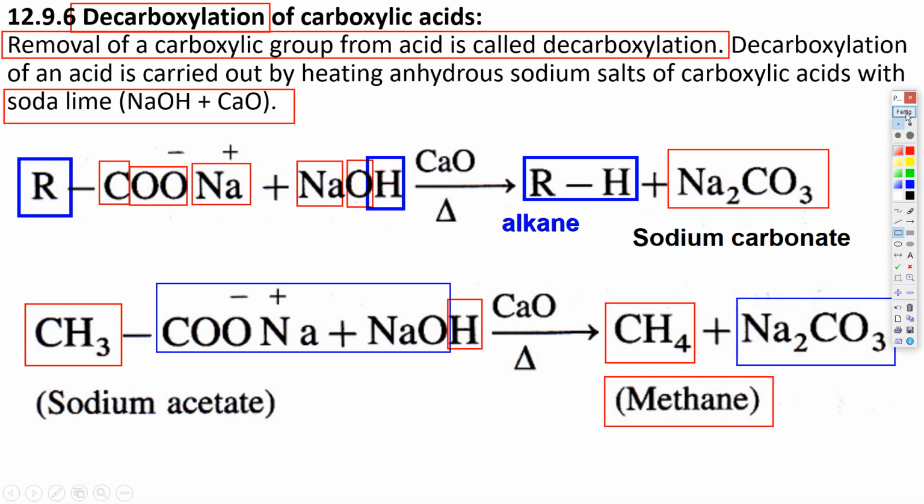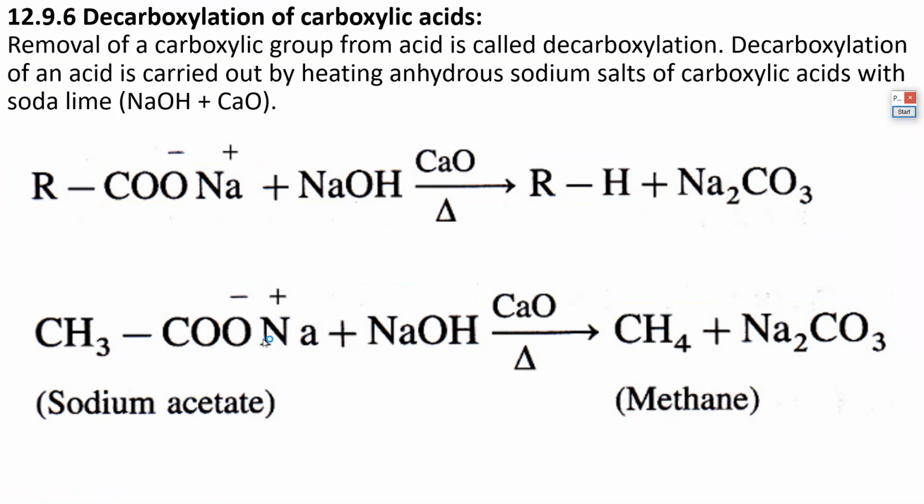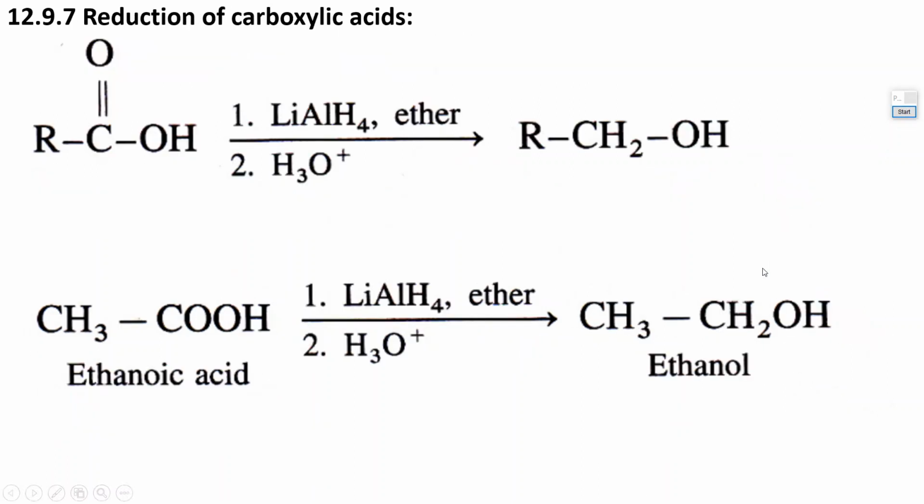The question based on this reaction: how will you prepare methane from sodium acetate, or what happens when sodium acetate is heated with soda lime, or convert sodium acetate into methane. The explanation: sodium acetate when heated with soda lime, that is NaOH and CaO, will form methane and sodium carbonate. So this is the reaction.